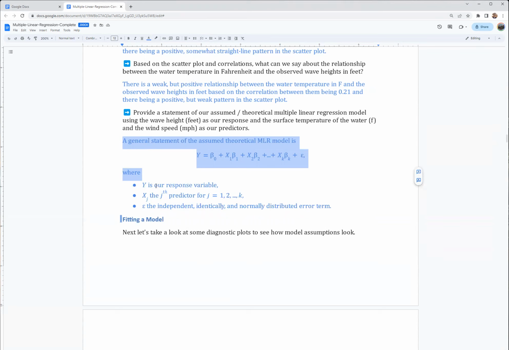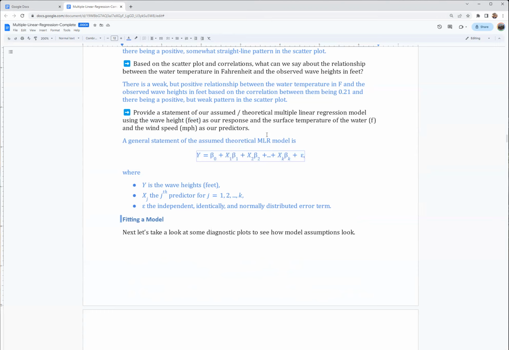So where y is the wave heights in feet, and then, I guess this part is not exactly the same, because we do need to update the number of predictors here.